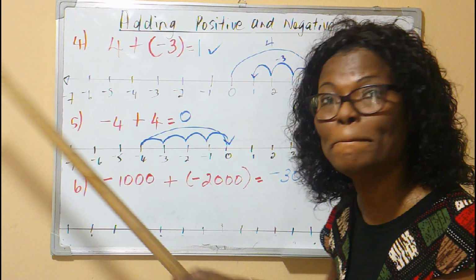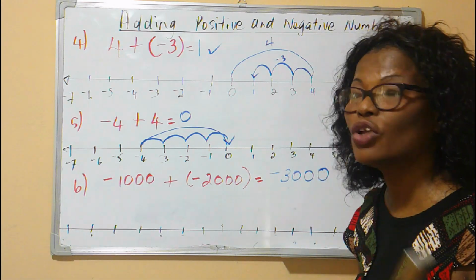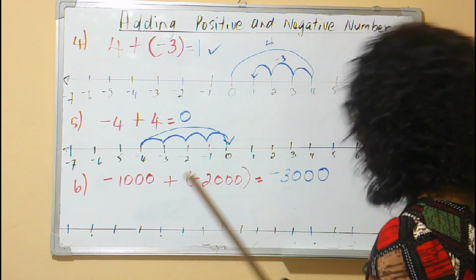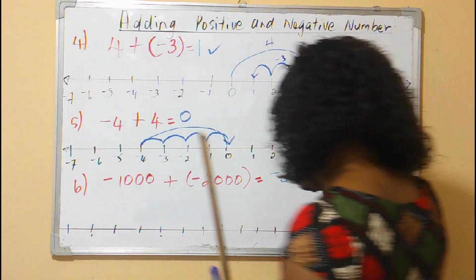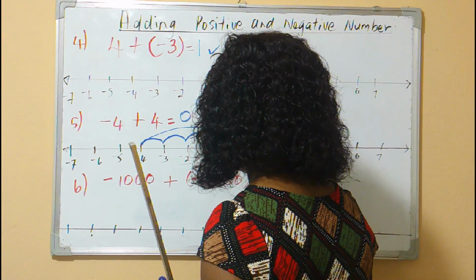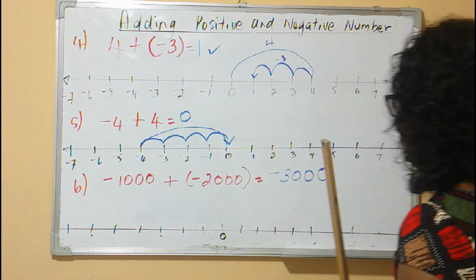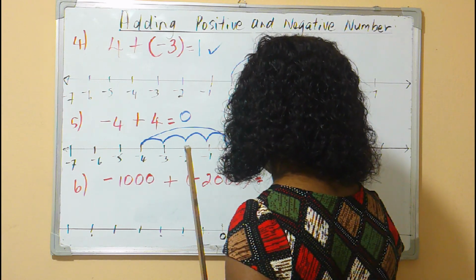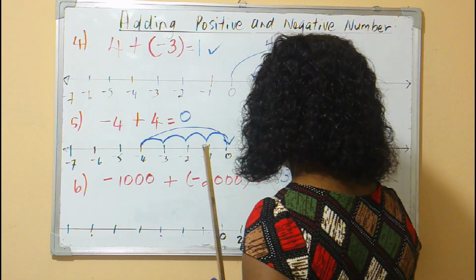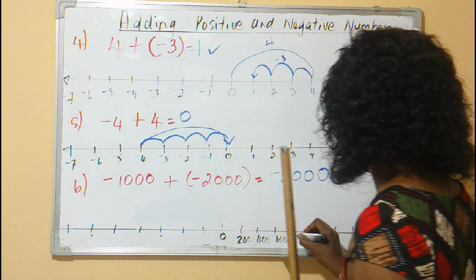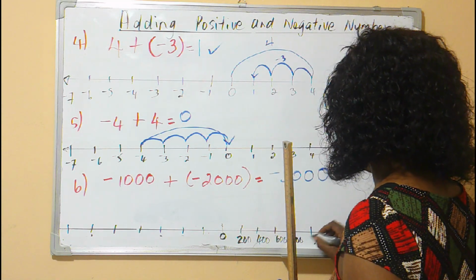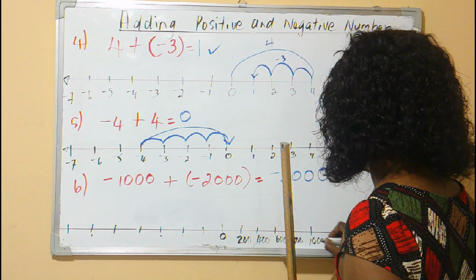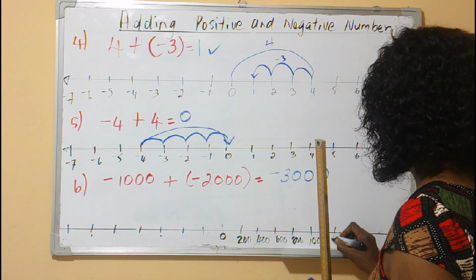We can get even a billion on the number line. It depends on how much you go up by in terms of equal steps. So I'm going to go by 0, 200, 400, 600, 800, 1,000, 1,200.